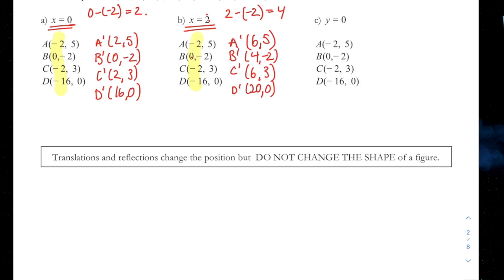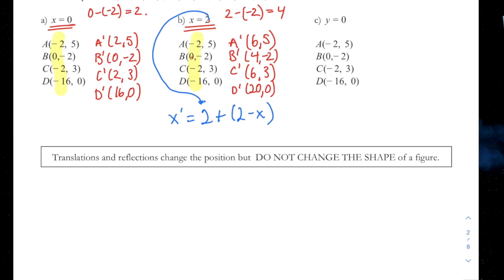Before we move on to C, I just wanted to try to make a general rule about A and B and how we got our translated image values. So if I take B as an example, basically my y values stay the same, but my new x values end up being 2, and I'm getting this 2 from here, plus the distance from 2 to the x values. So it would be, for example, 2 minus x.